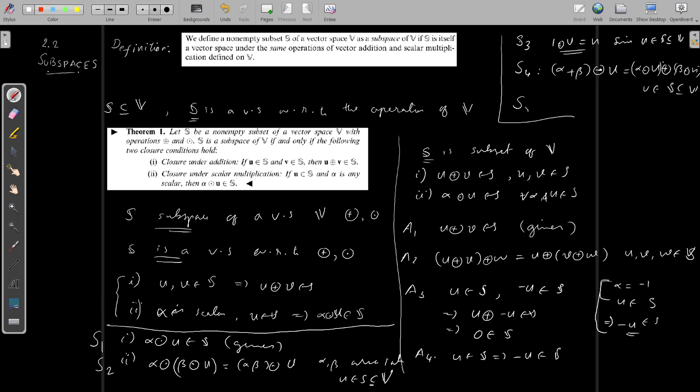So S5, what is S5? S5 is the distributive property in vectors, that is alpha times (u plus v).